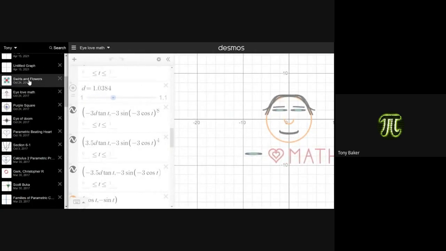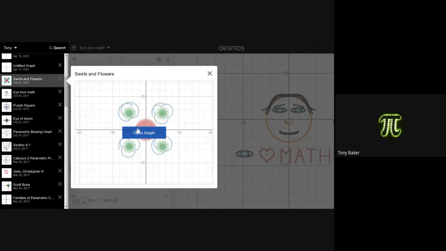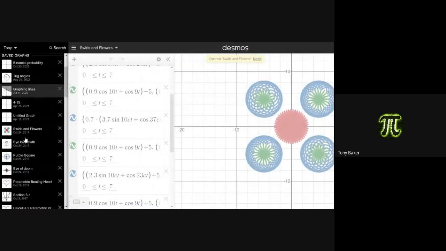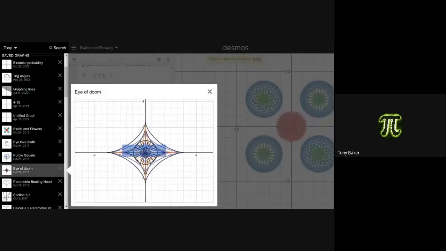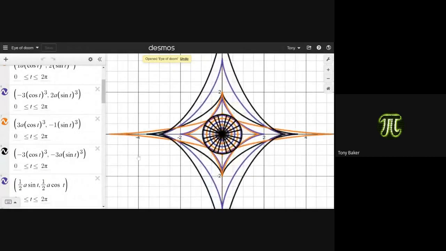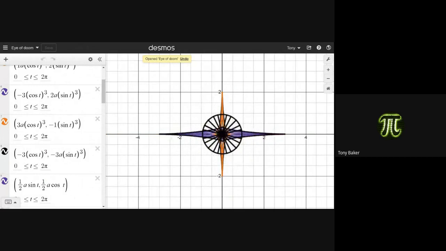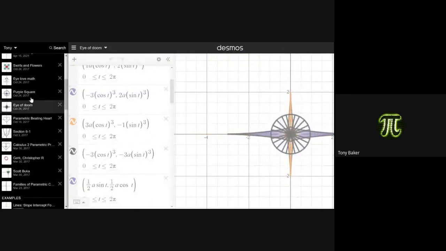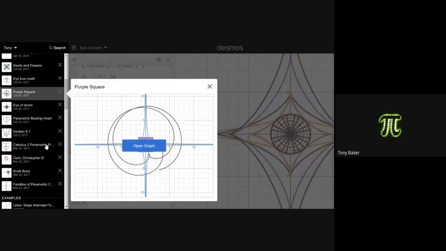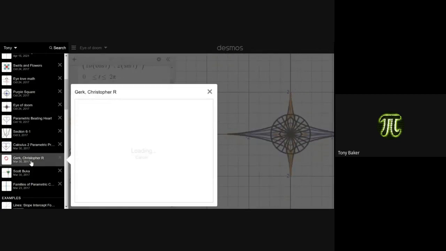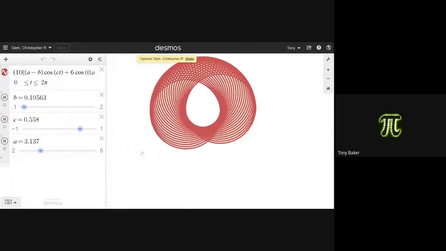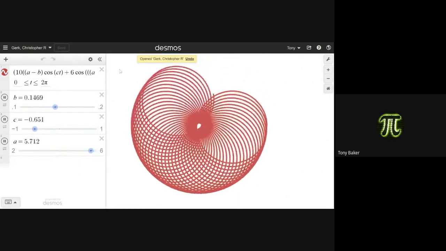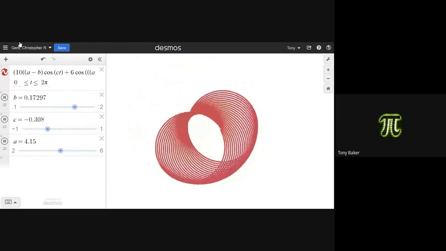So we got that one. Swirl flowers. That's the Eye of Doom. You can do some pretty crazy graphs with Desmos. So that's in essence how they do the Cybertruck and stuff like that.